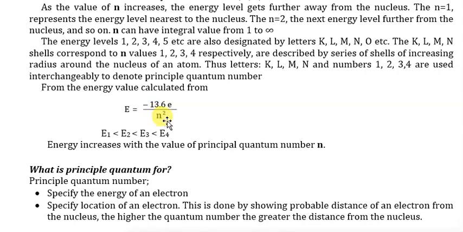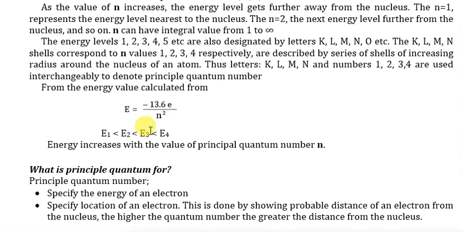So as the value of n gets larger, n square also gets larger, and the value of negative 13.6 eV divided by n square will be less negative. That's why in the first energy level, the energy of the electron is very negative, which indicates that the electron is attracted more towards the nucleus.